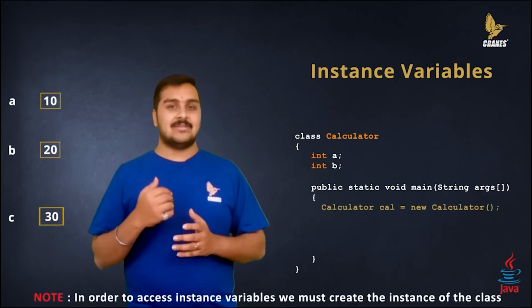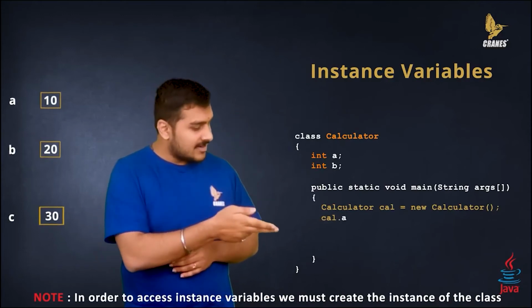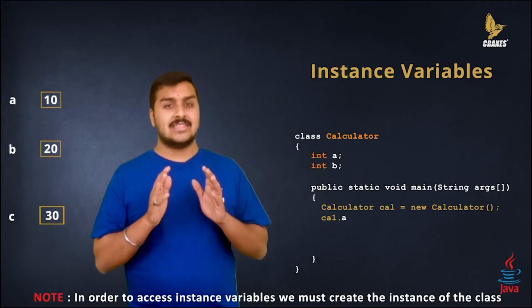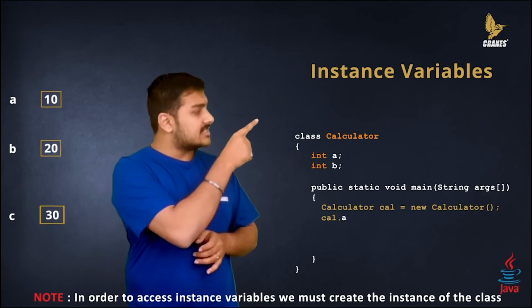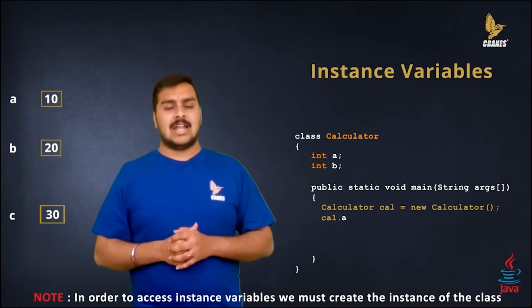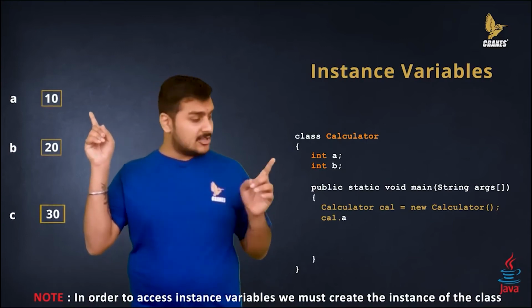So I'll come inside the main function. Whatever a I have here, I'll bring a copy of it here. But this time, I'm not going to specify the data type here, because I'm making use of this variable a inside my main function. And I need to add the value, the value 10, here.